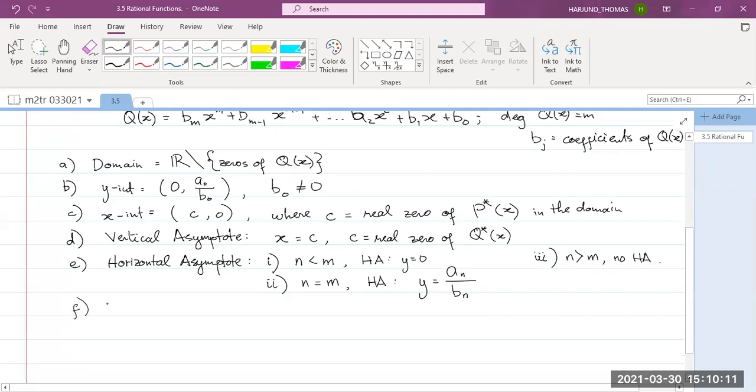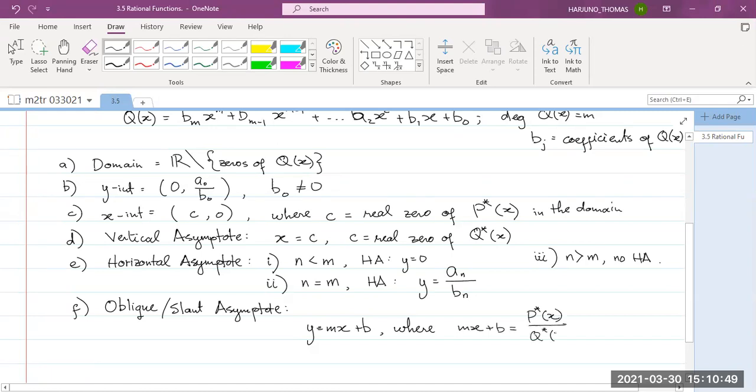How about oblique asymptote or slant asymptote, we usually call that. It is given by y equals mx plus b, where mx plus b is the quotient of P star x over Q star x.